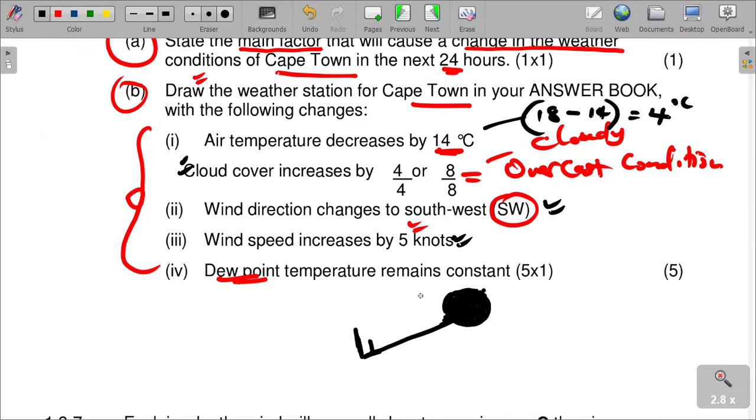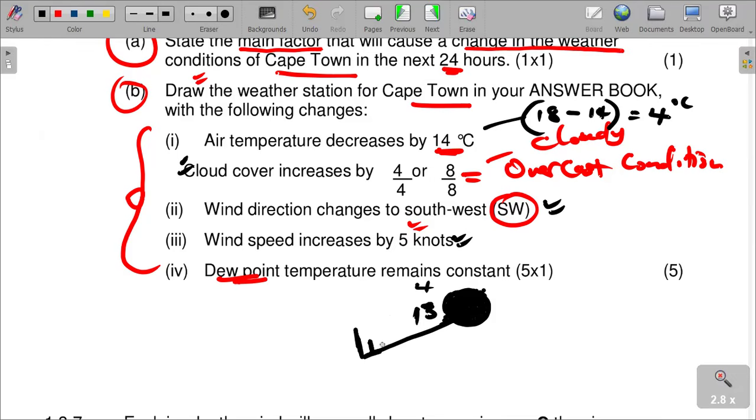So we can have our 4, and then we are also having our 13, which is remaining constant.